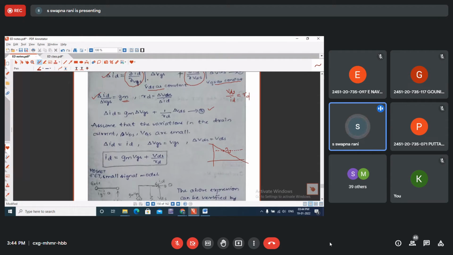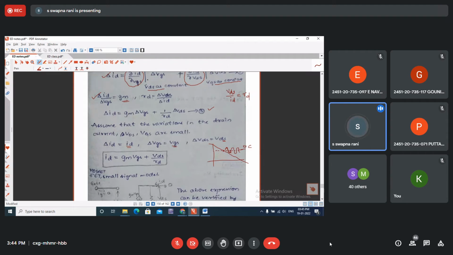So delta ID is approximately ID, delta VGS is VGS, delta VDS is VDS. It means when we apply an AC signal to an amplifier, the AC signal will be oscillating around its DC value. If you recollect the load line and operating point, the center value is the DC, and the AC signal is fluctuating or oscillating around its center value.